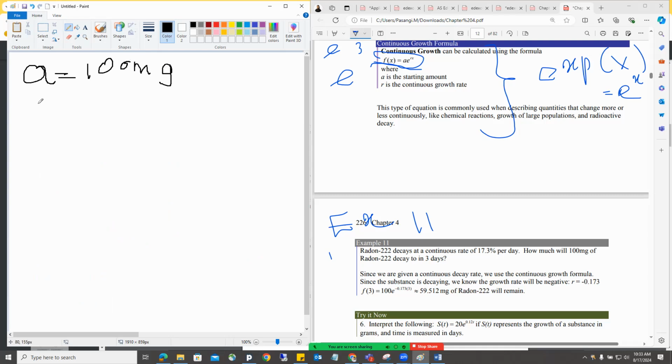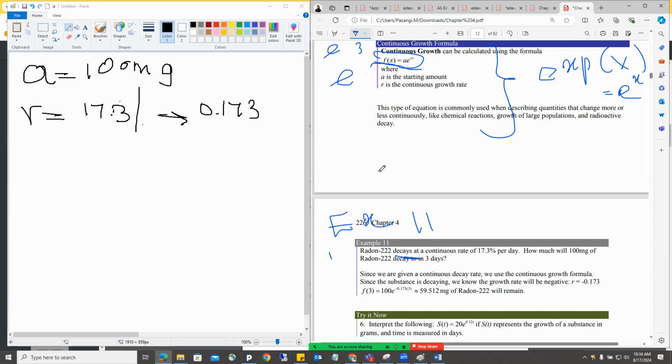Then the continuous rate is 17.3%, which is 0.173. But this one is decay. Decay means decreasing. Then what will happen with the rate? The rate gets negative. Yes, rates get negative.